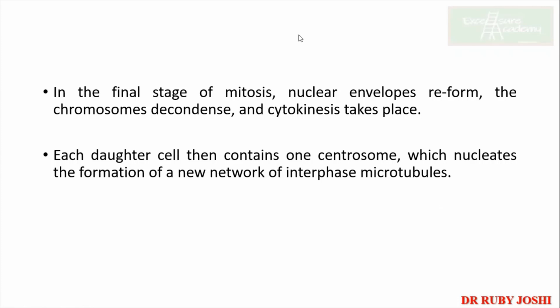In a normal resting cell, the centrosome is present near the nucleus. From there the microtubules are again present for the movement of kinesin and dynein, so that the cell organelles can be arranged later. Every organelle has its own location, so they will be arranged again once the cell is in interphase.